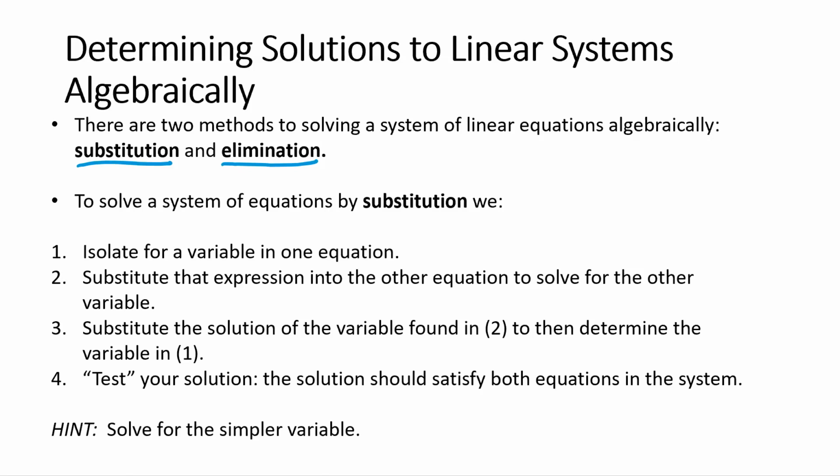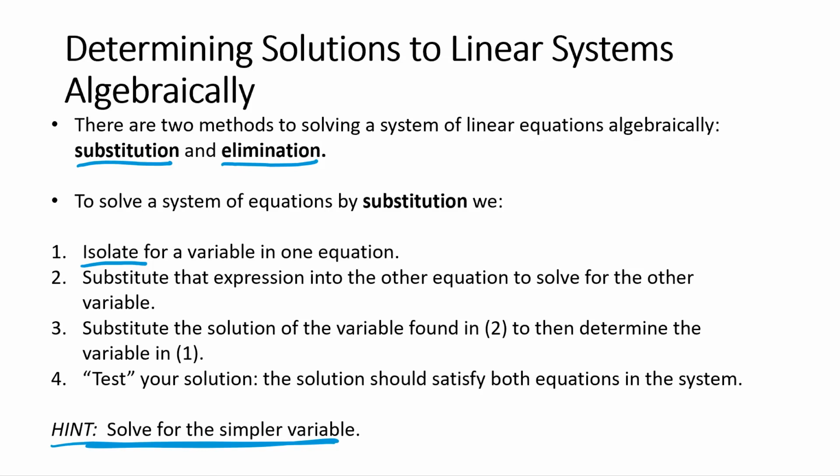The steps are as follows. First, we're going to isolate for a variable in one equation. As a hint, we solve for whatever variable is more simple to solve for. Then we're going to substitute that expression that we figured out in step 1 into the other equation. In that way, we can solve for the other variable.